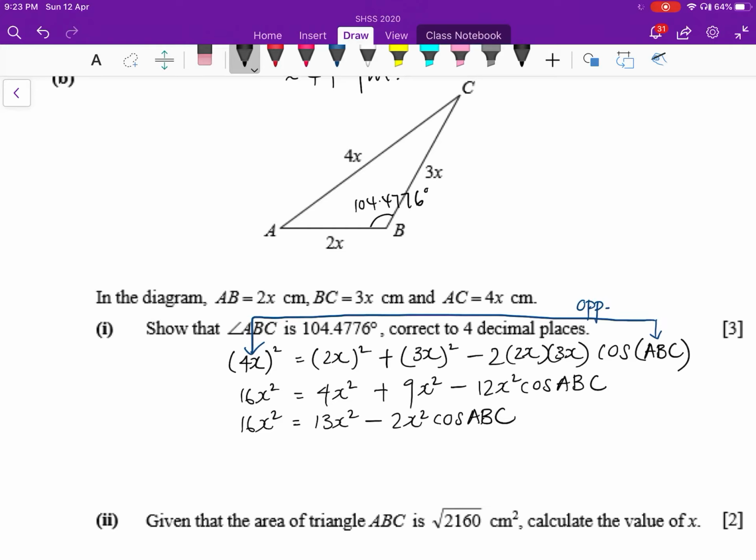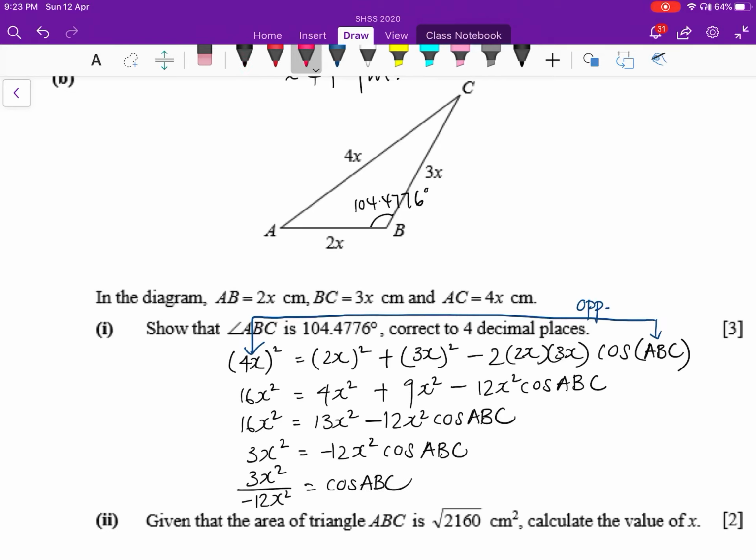Okay, so bring over the 13x squared. 16x squared minus the 13x squared is 3x squared, equals minus 12x squared cosine ABC. Bring over the minus 12x squared and look at what you can do.